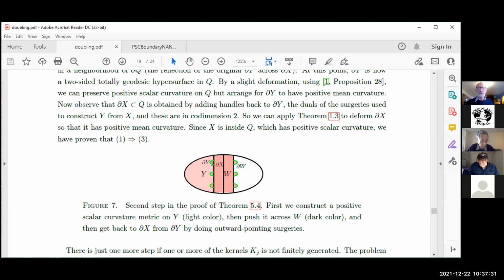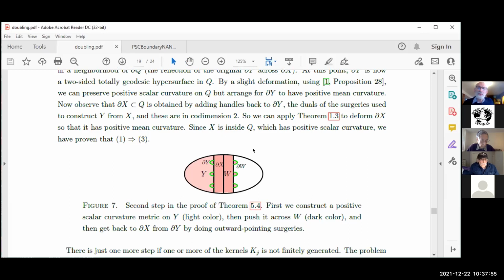Now you look at the reflection of this thing across boundary X, and that's this copy over here. So then you have this little region in between, and you think of that as a cobordism from here to here, and you take the metric that you constructed and you push it across the cobordism.